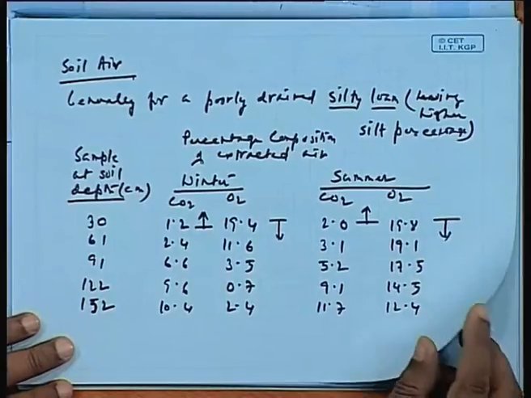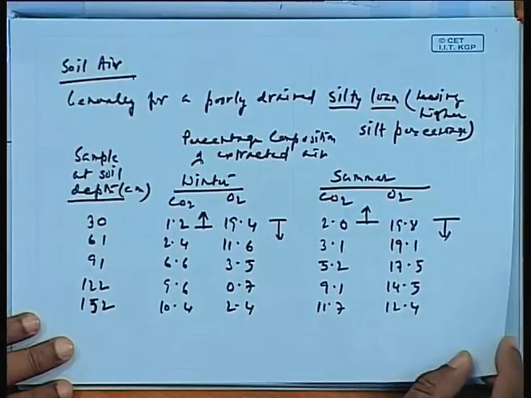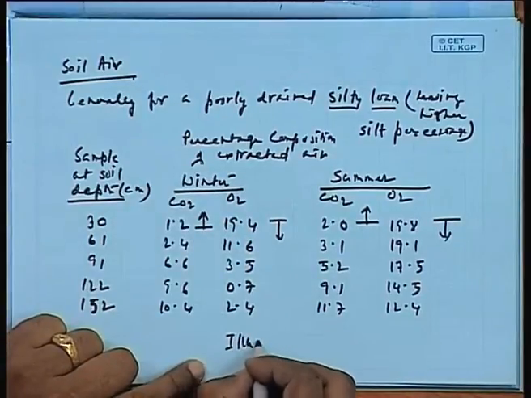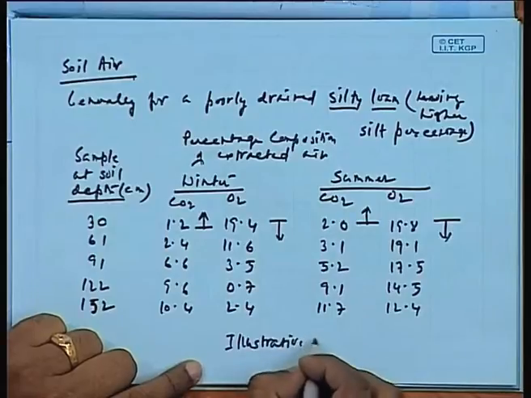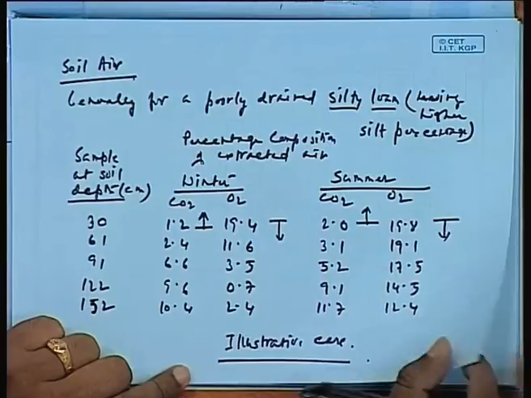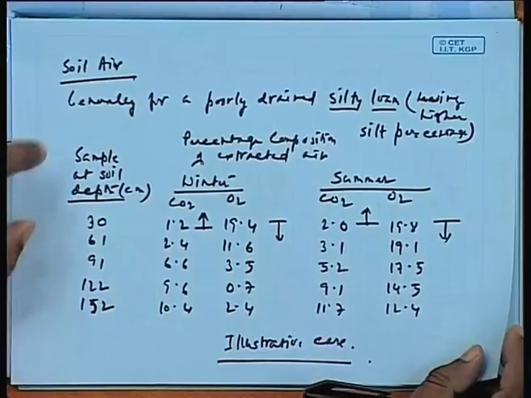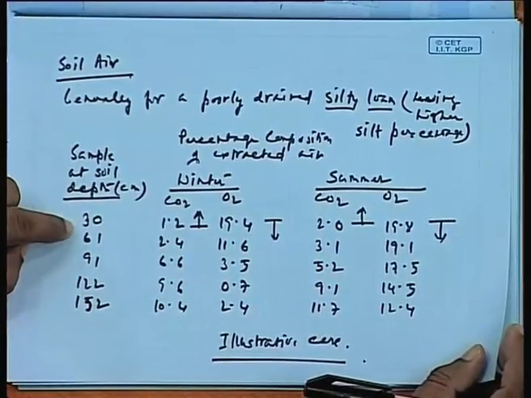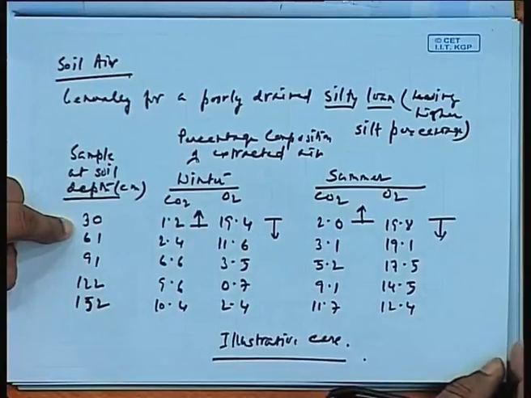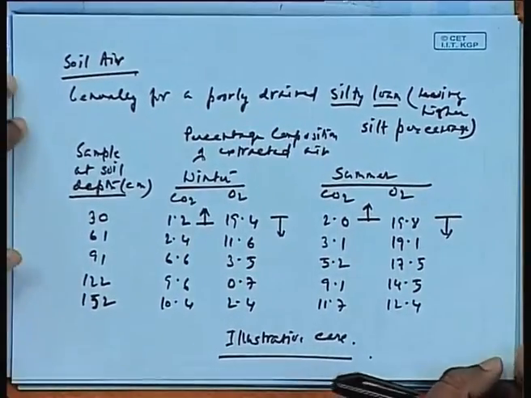The concentrations of oxygen and carbon dioxide in the soil at different depths are available. This is just an illustrative case. Here this one is extremely important. As you can see, soil air is very important, particularly for plant root respiration.